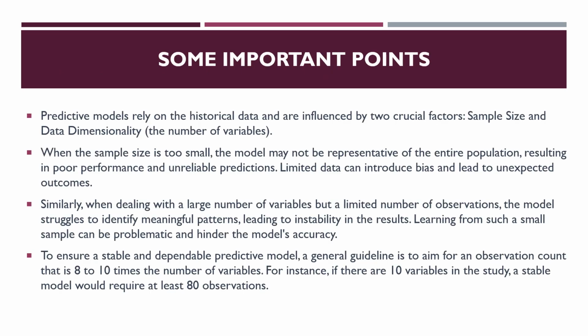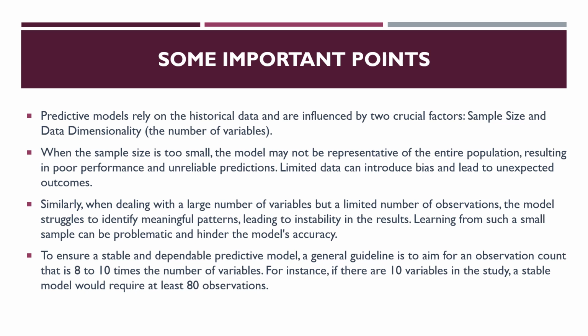Here are some important points that one needs to remember. Predictive models rely on the historical data and are influenced by two crucial factors, which are sample size and data dimensionality, which is the number of variables. When the sample size is too small, the model may not be representative of the entire population, resulting in poor performance and unreliable predictions.